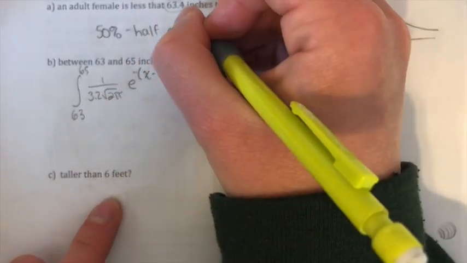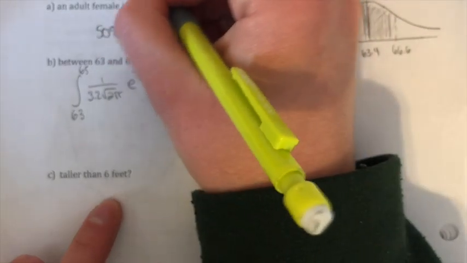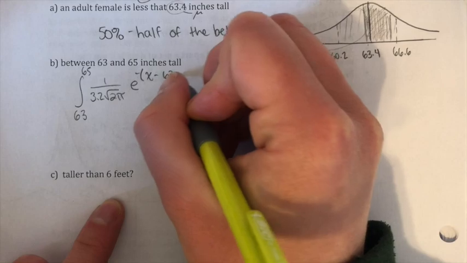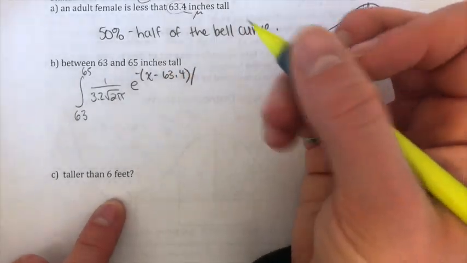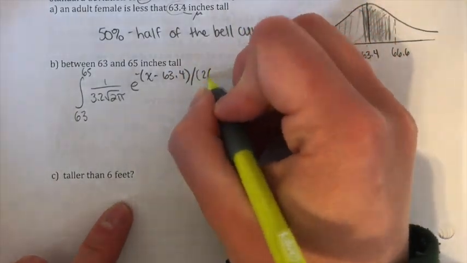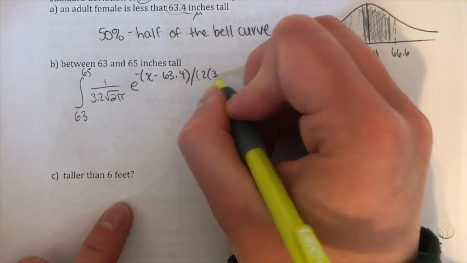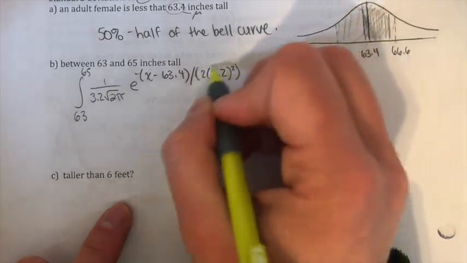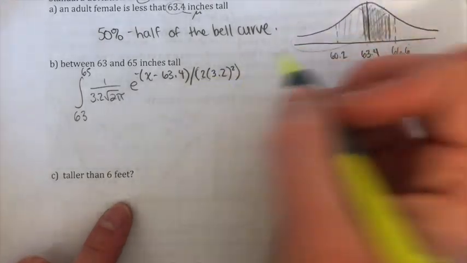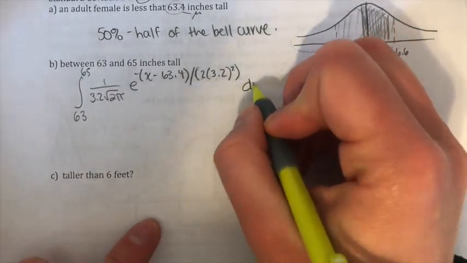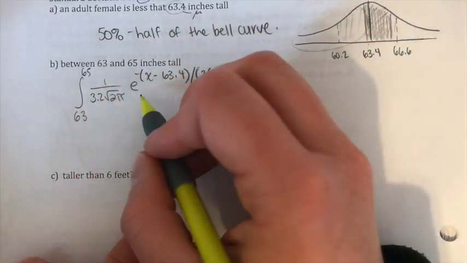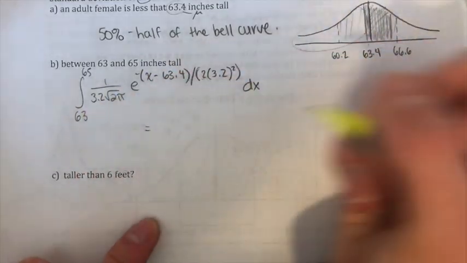Okay, so this one is mu, and this one is sigma, so 63.4, divided by 2 times 3.2 squared. And make sure you're dividing by all of that. That's why I put that extra set of brackets in, dx. Okay, so you're just going to punch that into your calculator. Make sure you're using appropriate brackets and all that.